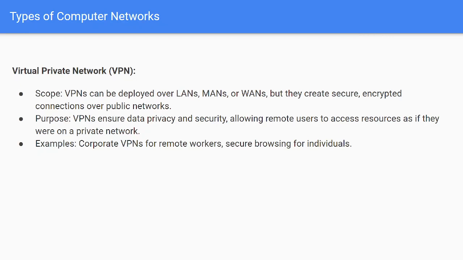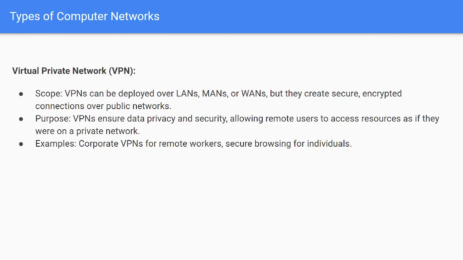So one of your assignments would be to research more about VPNs and understand how VPNs work. It is very important because a lot of times when people are working remotely, they connect via VPNs.